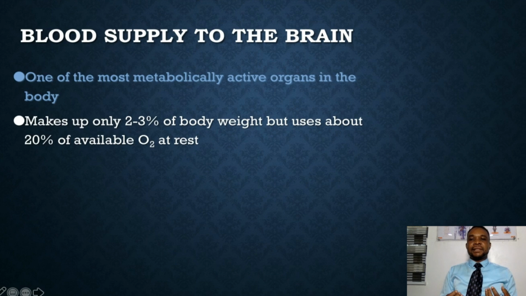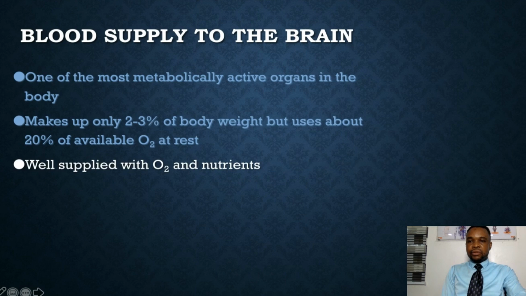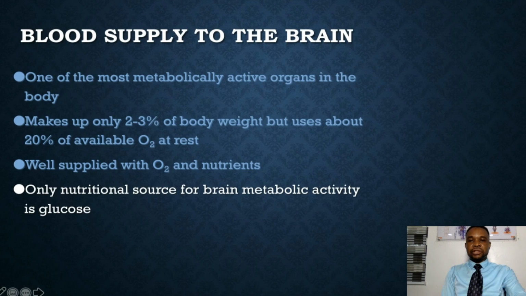The brain consumes up to about 20% of the available oxygen to do its functions. So the brain is well supplied with oxygen and nutrients, and this oxygen and these nutrients are transported to the brain through the blood vessels.